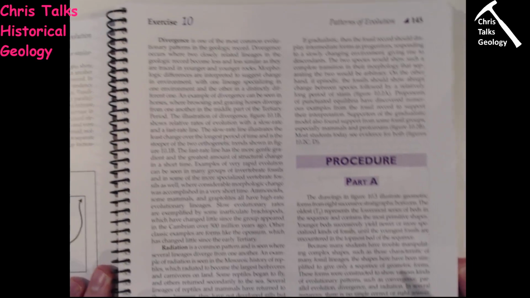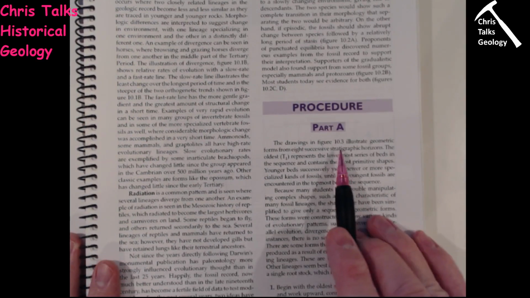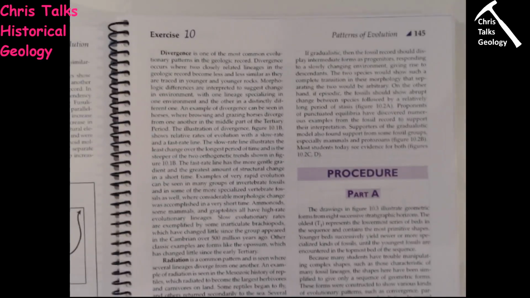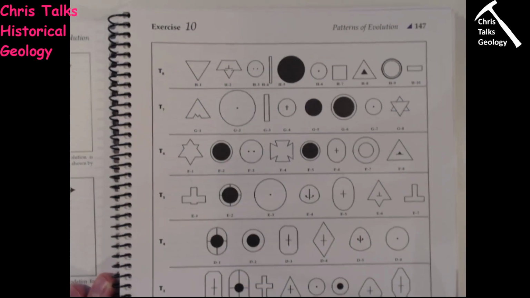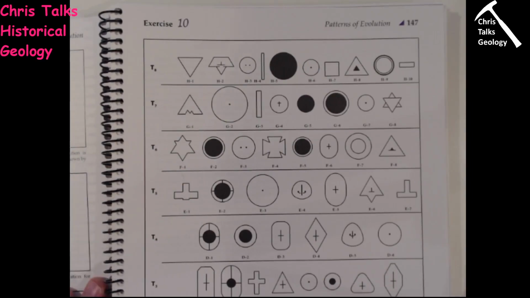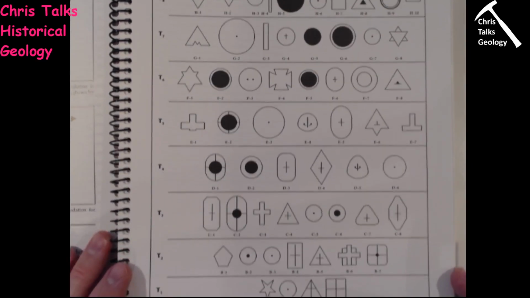Okay, so we're going to start with part A. Part A is focused on figure 10.3, which we'll find on page 147. Figure 10.3 represents a sequence of 8 layers of rock.